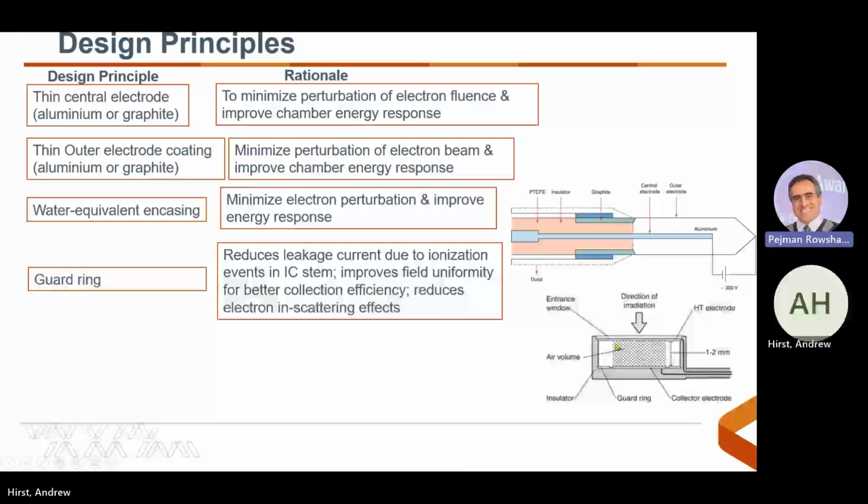So the charge difference between what's in the volume versus what's outside of the volume is not at equilibrium. So you're going to have a greater number of electrons wanting to come into that medium. By having the guard ring in place, especially for a parallel plate chamber, you drastically reduce that in-scattering effect. And that's a big reason why parallel plate chambers are used for electron reference dosimetry.